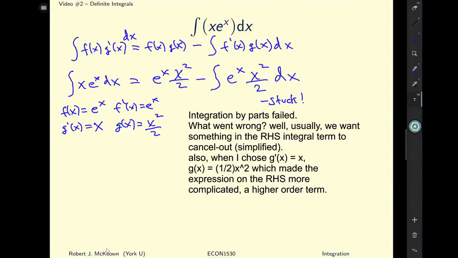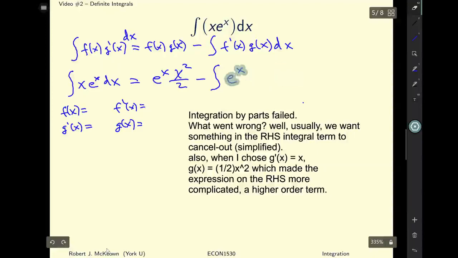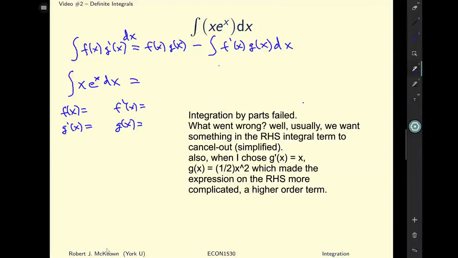For our purposes, why don't we just do this again, except that I'm going to redefine my f of x and my g prime of x. So we got stuck this time. Let's see if we can try it the other way and get a better answer. How about this time f of x is equal to x?